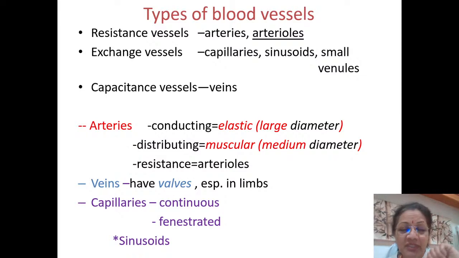The large veins, because they're such low pressure zones, may not be able to resist a flow from the opposite direction, backflow. So they are provided with a flap-like mechanism, where the endothelial lining in the middle is folded into flap-like extensions inside, in a semi-cup kind of fashion.